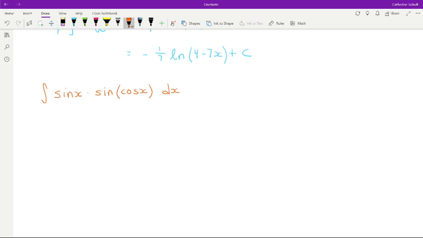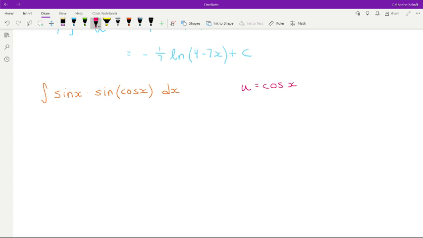Sometimes it's helpful to see if there's any inside functions. And so looking at this integrand, do we spot an inside function, like a composition of functions? And this cosine of x is behaving like an inside function. So I'm going to start with that. I'm going to let u is equal to cosine of x.